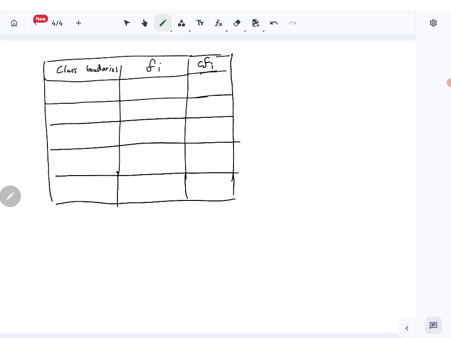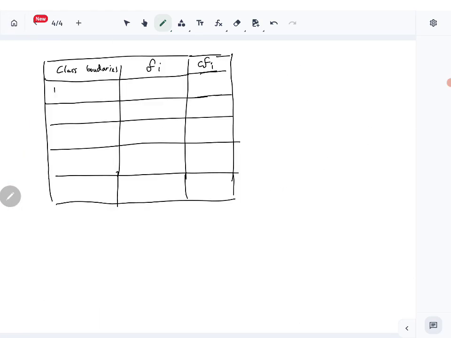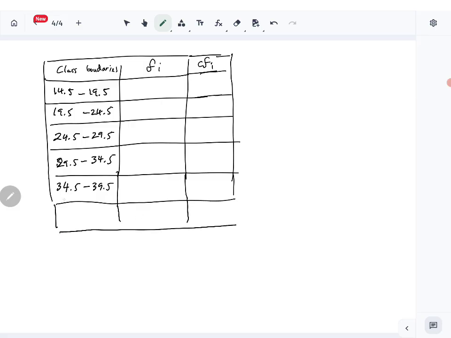So let's write the class boundaries. 15 to 19 is 14.5 to 19.5, then 19.5 to 24.5, 24.5 to 29.5, 29.5 to 34.5, 34.5 to 39.5, and the final one is 39.5 to 44.5.